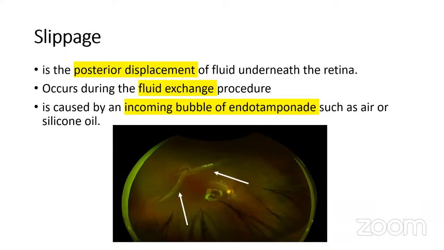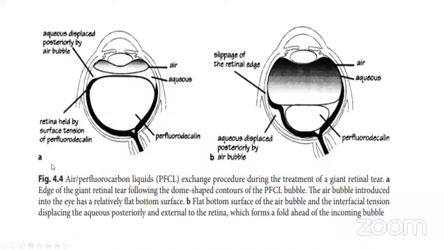This photo illustrates the slippage of the retina here. It is caused by the incoming bubble endotamponade, such as air or silicone oil. This is a better illustration of how it happens. When there is an air-heavy liquid exchange during the procedure, we are injecting air through an infusion line here.